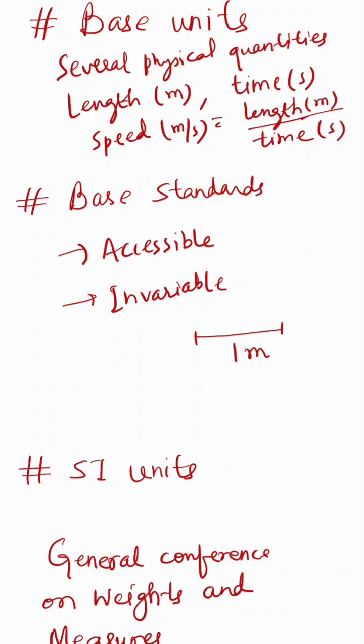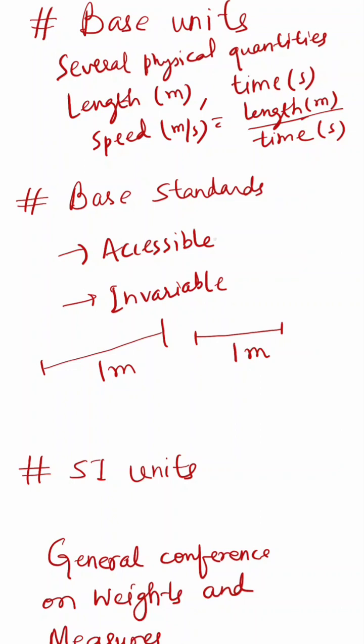It should not be like I am defining this much length to be 1 meter in India, and some other scientist sitting in Australia says that no, this much length is 1 meter. The standard must not vary.